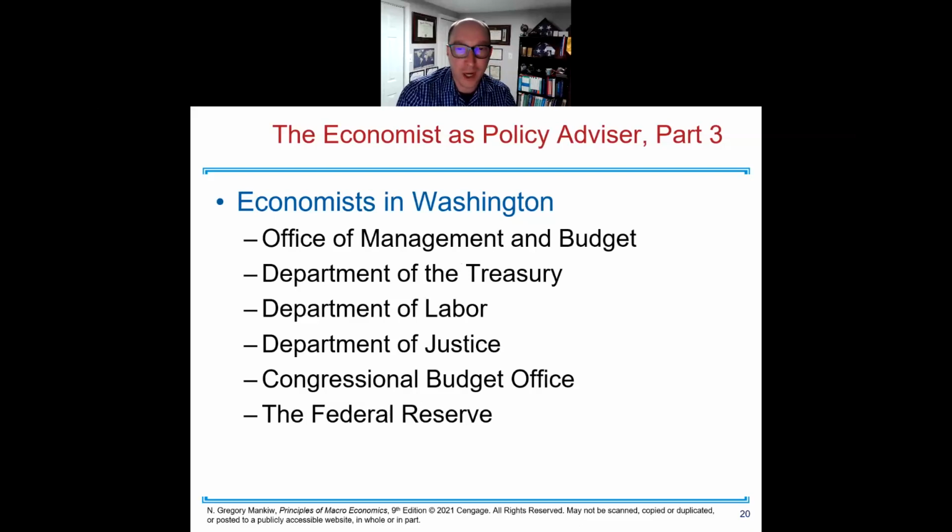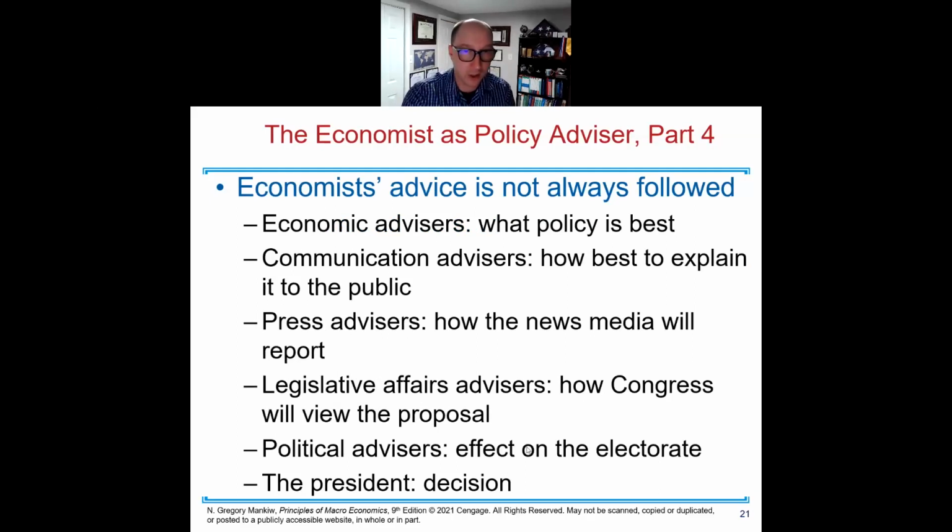Here in Washington, we have the Office of Management and Budget, OMB. We also have the Department of Treasury, the U.S. Department of Labor, the U.S. Department of Justice, the U.S. Congressional Budget Office, CBO, and, of course, the Federal Reserve. So having all of these offices here in D.C., as you can imagine, all of the powers concentrated here in D.C., and having all of those collective bodies at the table advising on what should be done, working collaboratively, they try to produce the policies that they think is best.